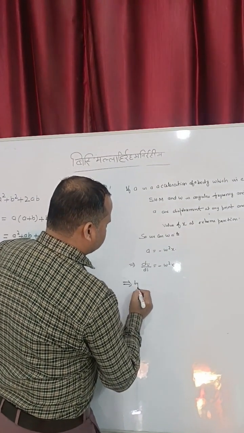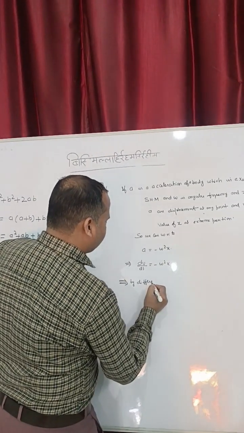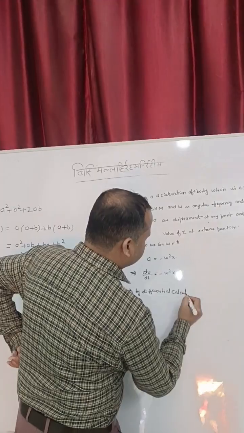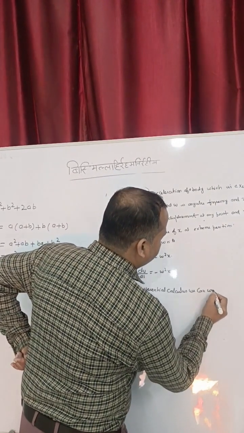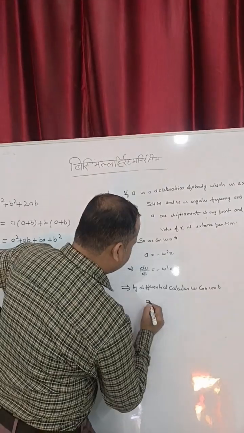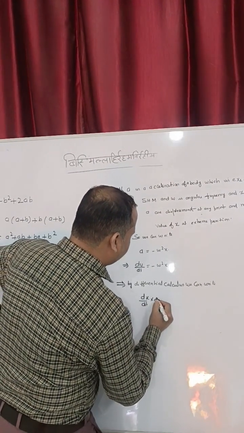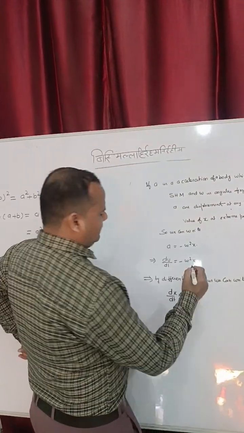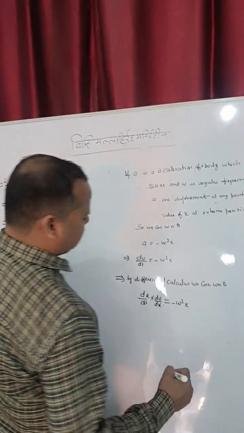By differential calculus, we can write dx over dt into dv over dx is equal to minus omega square x.